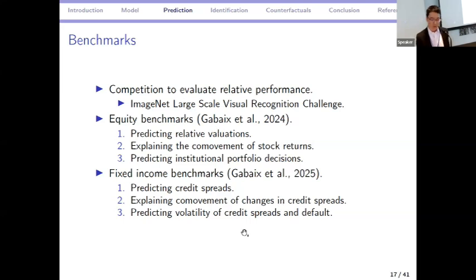We're not wedded to our way of doing things, but what we would like to see is, if you have a better model, let's apply it to the same benchmarks and see which models are better. So rather than having a conversation about whether my assumptions are better than yours, we can test those assumptions in actual data by making out-of-sample predictions. And that's the vision behind ImageNet, if you follow the AI revolution, right?